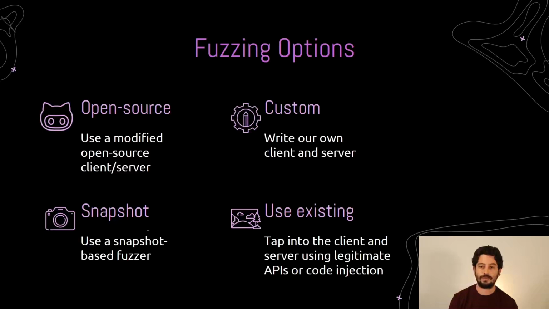And eventually, for the client side, we decided to use existing solutions. The reason is that the RDP server exposes very convenient APIs that you can use to send messages to the client. And for the server side, we chose to modify an open source implementation, namely OpenRDP, so that it will send our messages as well as the regular messages.